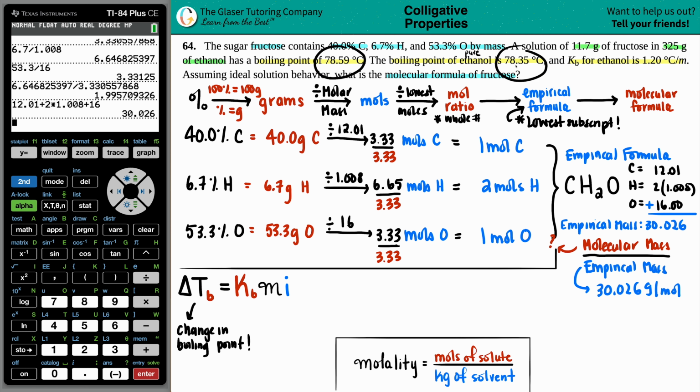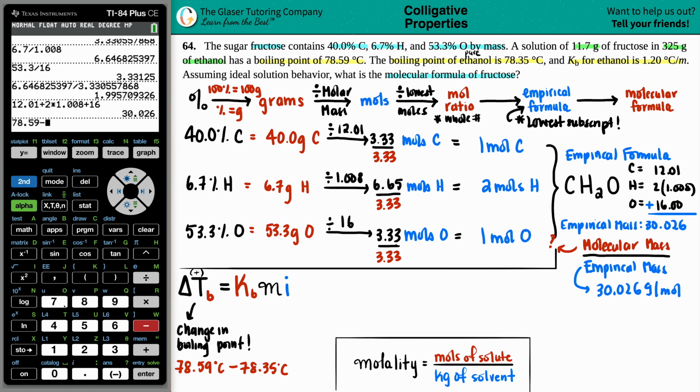That's the same thing as a change. And just know that your delta TB can only be a positive value. So you have to subtract these two numbers in which you get a positive value, higher minus the lower. So we can take our 78.59 degrees Celsius and subtract from it the 78.35 degrees Celsius.